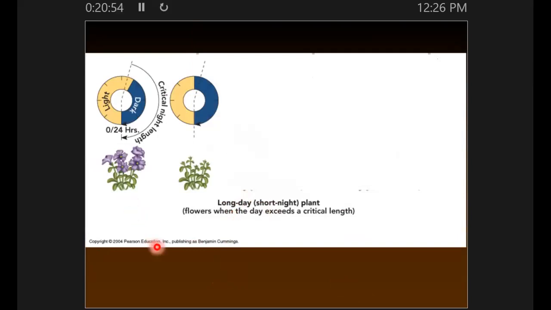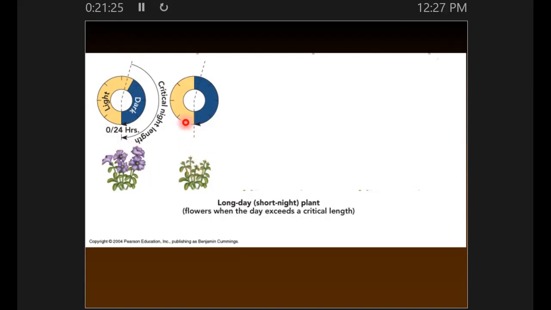So this is a plant that's considered a long day plant. The dashed line that you see in this first donut pie chart, that's the critical length. If this long day plant is in sunlight longer than that critical period, it will flower.